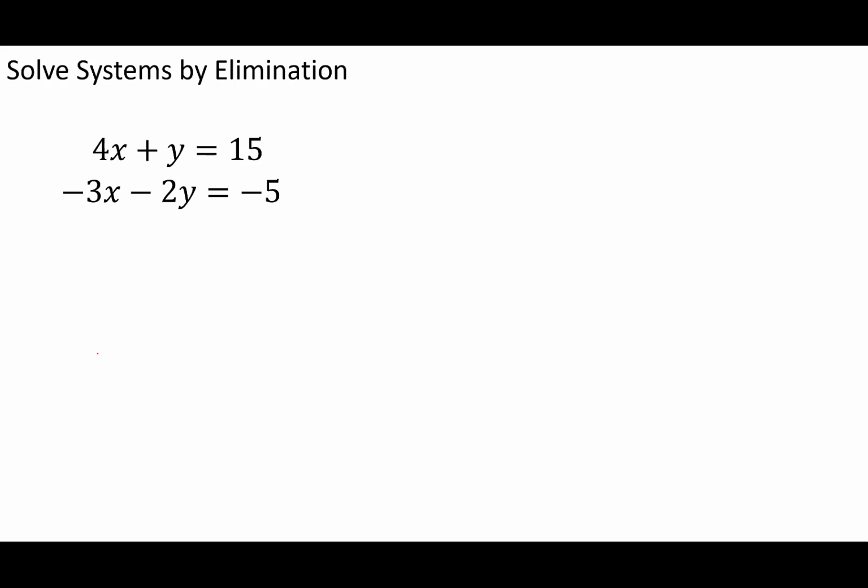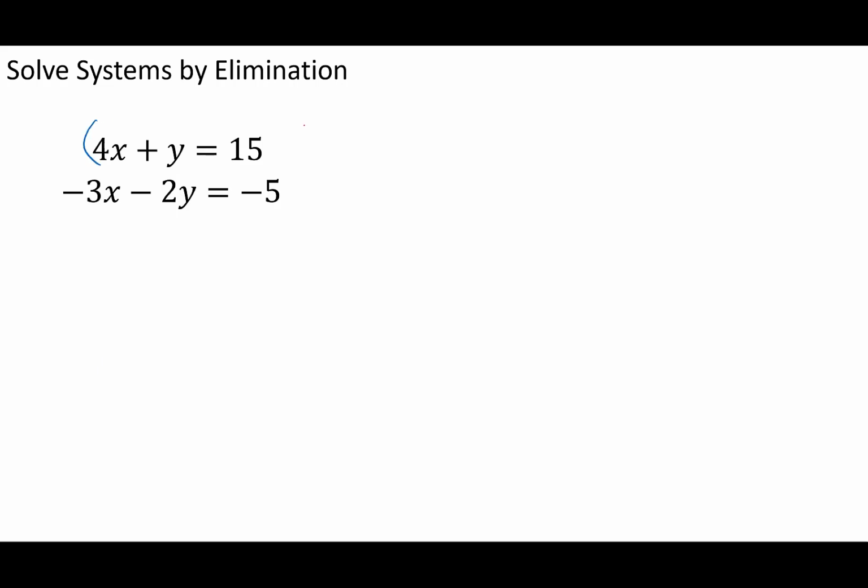So remember, we have another way, which is to use elimination or substitution. So we'll start with elimination. The key thing is we want to look for the variable that has the same coefficient, so the same number in front. None of mine do, so I need to make it have.